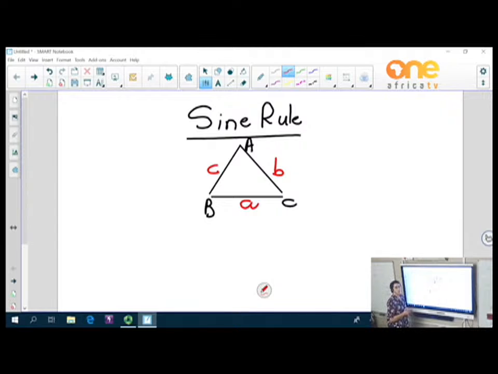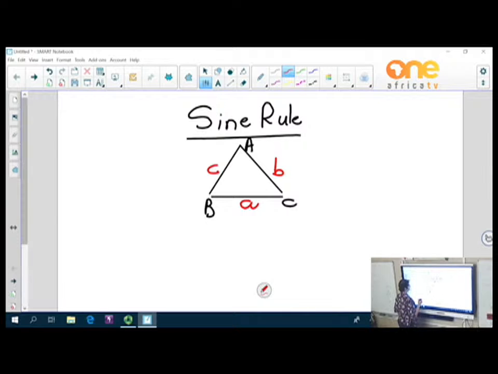We can use the sine rule to find angles or sides, and you will use it if you have two opposite pairs: an angle and its side, and another angle and its side. Or it might be C as well.